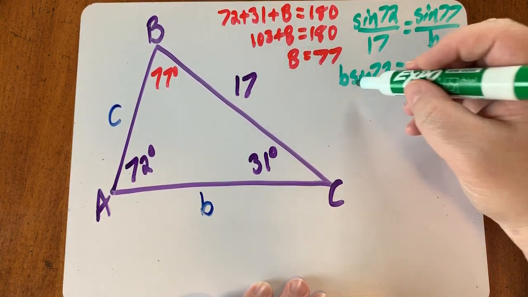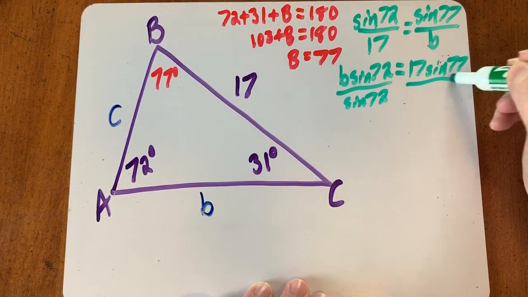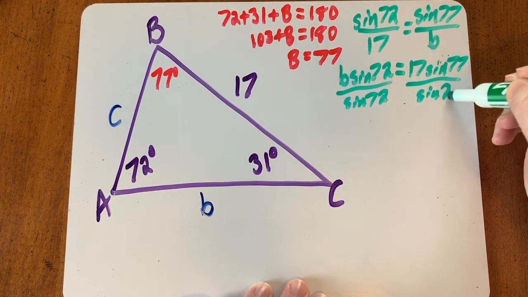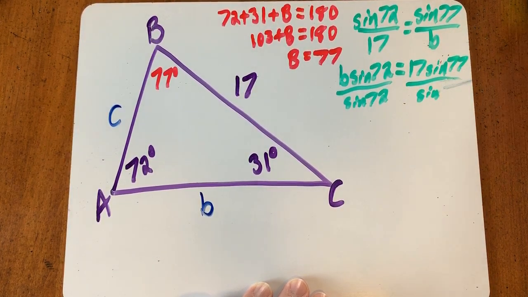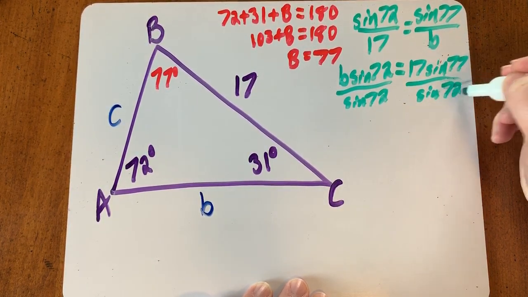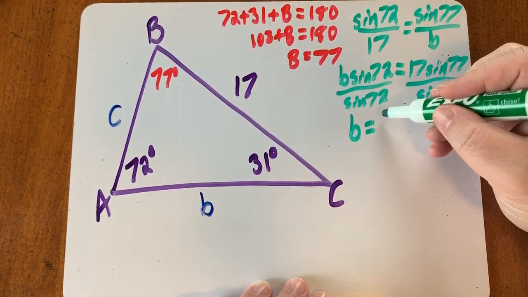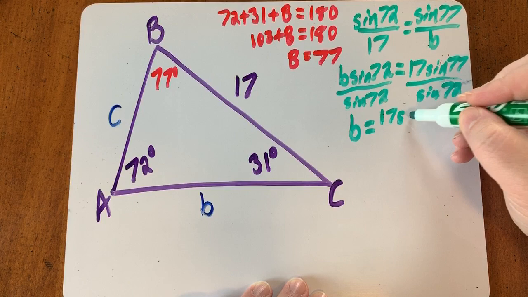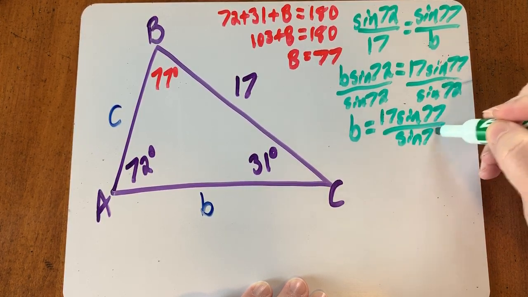And we want to get B by itself. So we divide both sides by sine of 72. Oops, not 27. So we're left with B equals 17 sine of 77 over sine of 72.